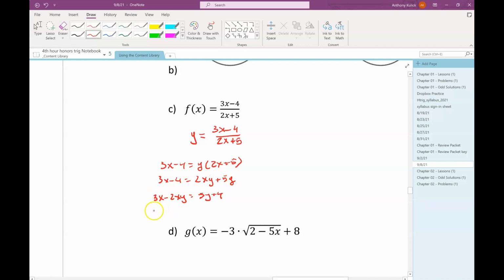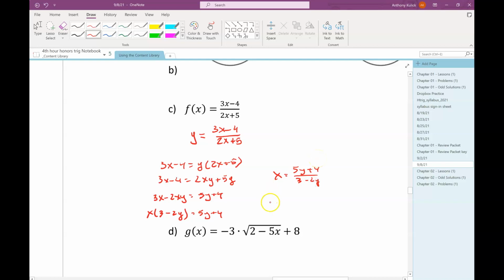On the left side of this, now I can factor an x out. And if I divide both sides by 3 minus 2y, I now have the x all by itself.